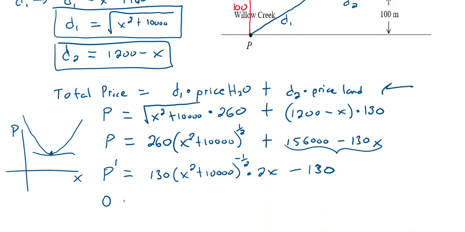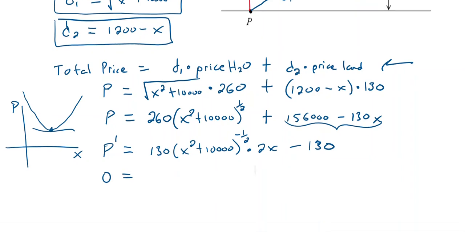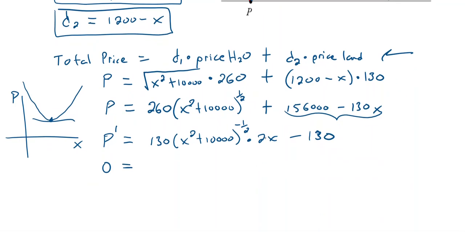So I'm going to say 0 is equal to, and let's write this a little bit differently now without the negative exponent. So this would be 260, right? I'm multiplying 130 times 2, so 260x over, and I'm going to write this back as a square root, the square root of x squared plus 10,000. And I still have minus 130.